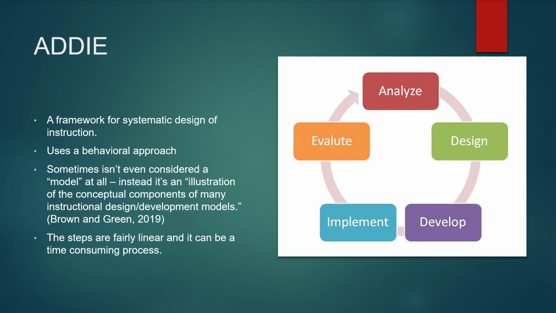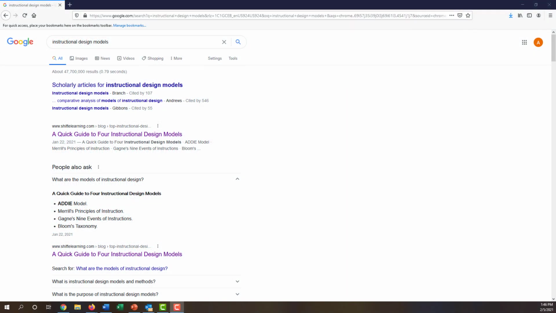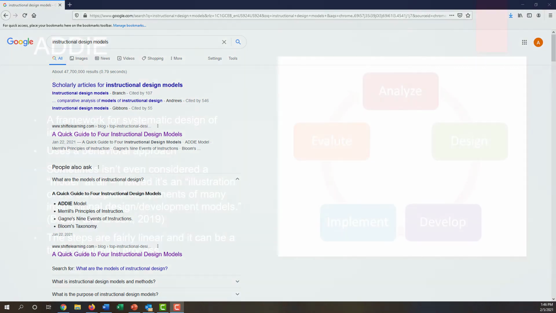Instead, it is an illustration of the conceptual components of many instructional design development models, a sort of set of building blocks that other models incorporate. However, a quick Google search for instructional design models almost invariably starts with ADDIE. It is one of the most well-known of all of the models.